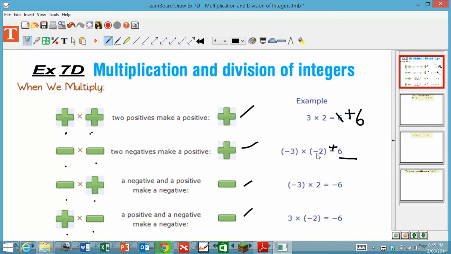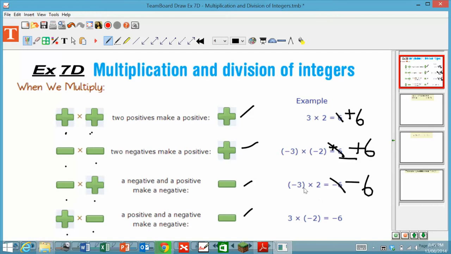Here I've got two negatives, so again I'd write my plus, then I'll do 3 times 2, which gives me 6. If I've got a negative and a positive, that gives me a negative, so straight away I'm going to write a negative, and then I'll do 3 times 2. So what I'm doing is dealing with the positives and negatives first, to find out whether I'm going to end up with a positive or a negative answer.